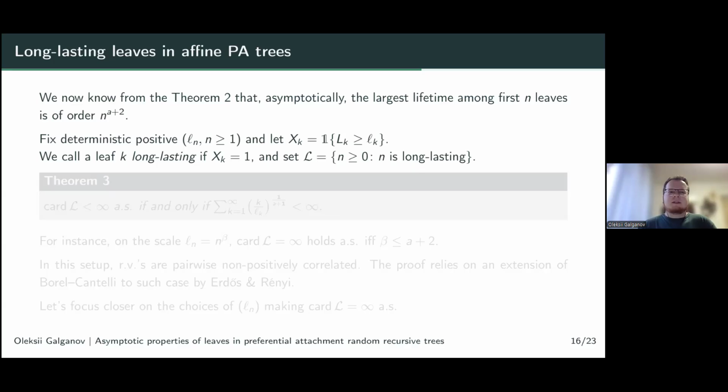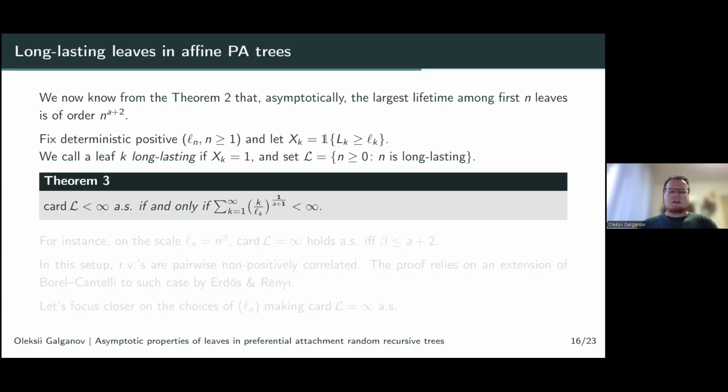By capital L we define the set of leaves which are long-lasting. So the first result here is that the number of long-lasting leaves is almost surely finite if and only if this series converges.